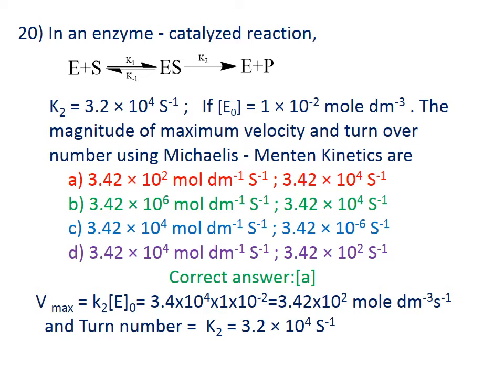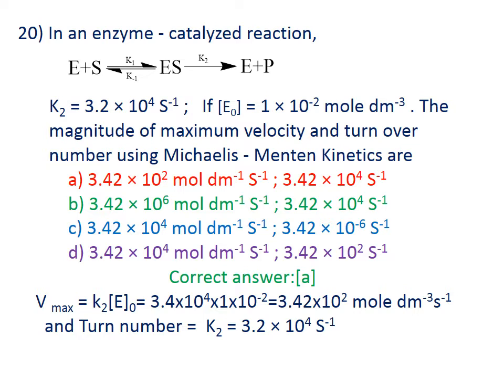Therefore, that is the maximum velocity. The maximum velocity will be equal to 3.2 into 10 to the power of 2 mole dm power minus 3 s power minus 1.